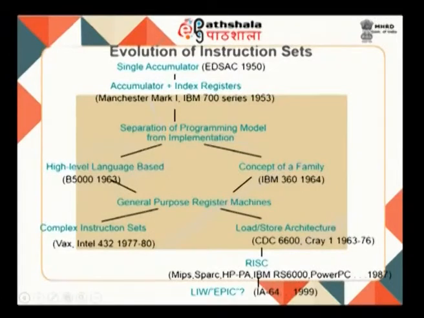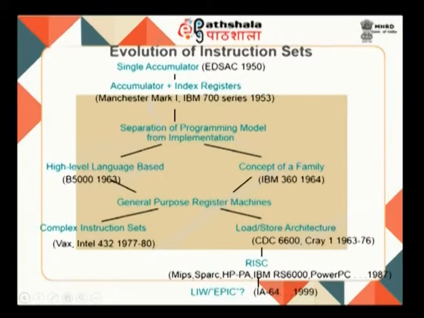Now, this is just to give you a picture of the evolution of the various instruction sets, starting from the single accumulator instruction set which was used in EDSAC as early as 1950. Then you went into accumulator plus index registers in 1953, and then you had a separation of programming model from implementation.